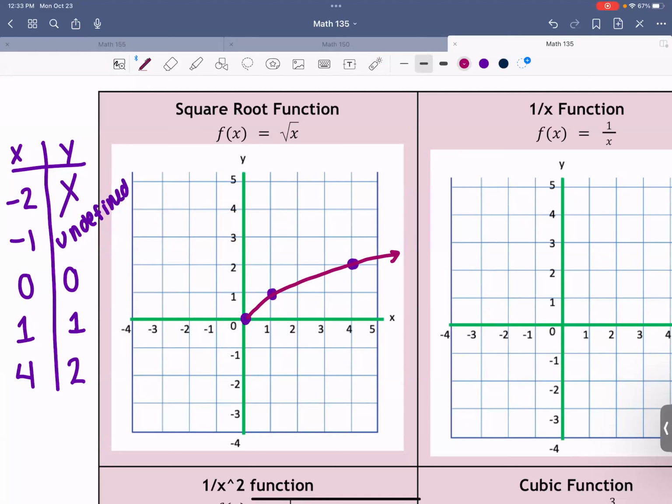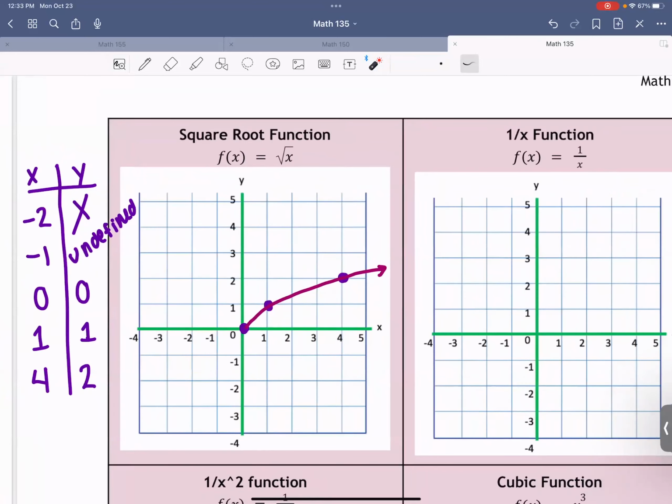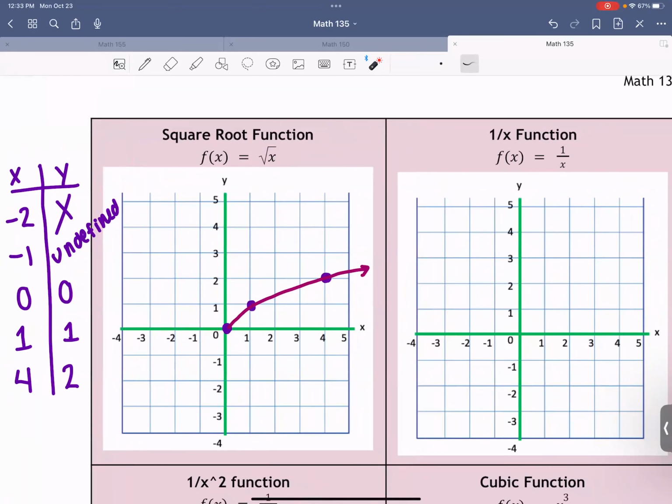I know it looks kind of awkward because there's nothing on one side of the graph or on the bottom, but this is the square root function. If I asked you to draw this on a test or quiz, I would want these 3 points: the 4, 2, the 1, 1, and the 0, 0, and I want that curvy shape going up. All right. Any questions on the square root function?